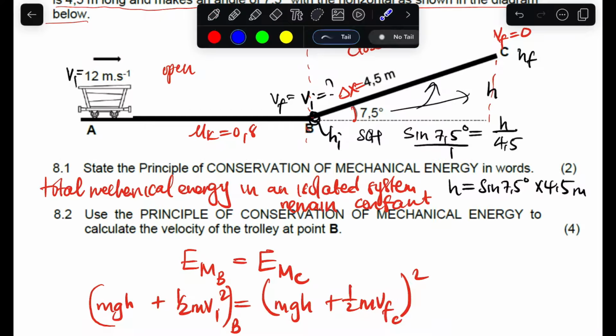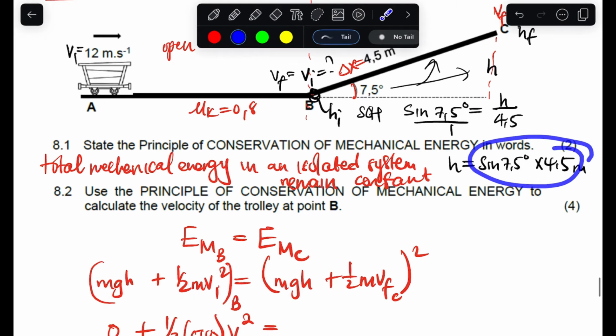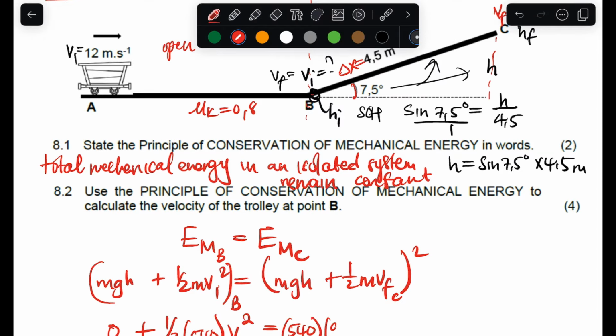And then there at the top at C, we're talking about this. The height there is this, right? That's the height there. So we're going to put the mass, it's 540, times 9.8, and the height there we already did.